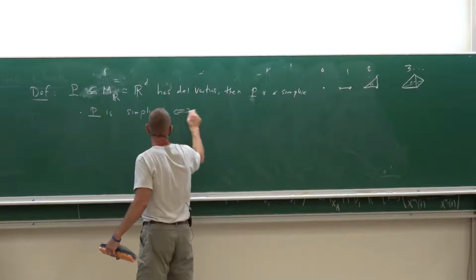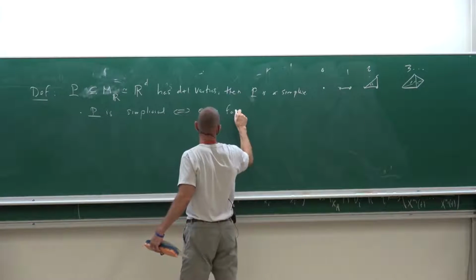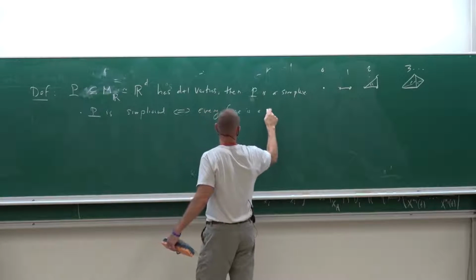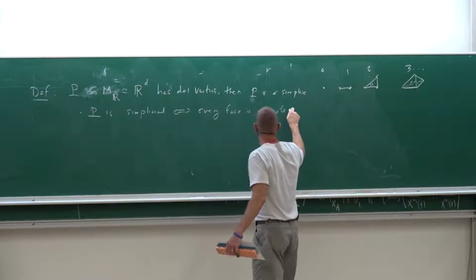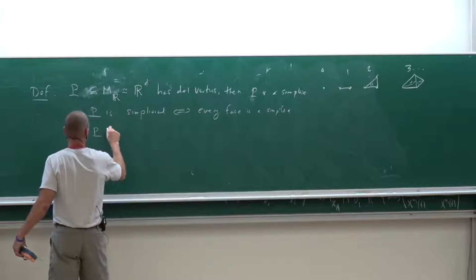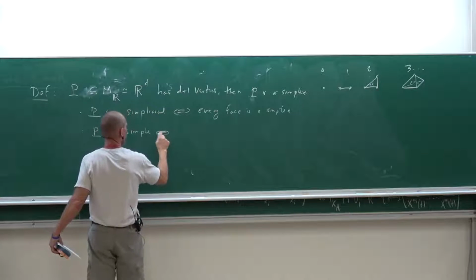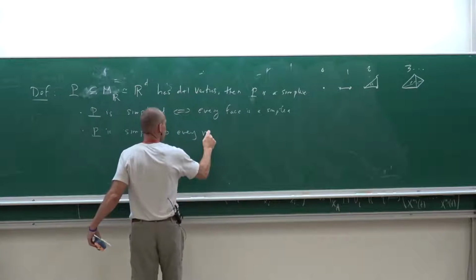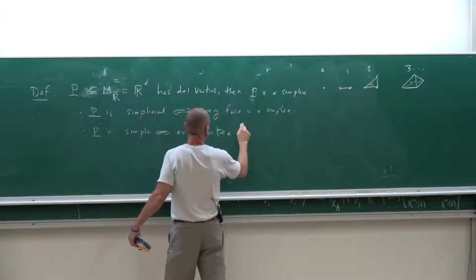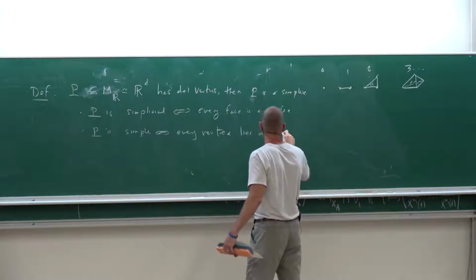If every face is a simplex, every facet is a simplex. P is simple if every vertex lies on d facets.